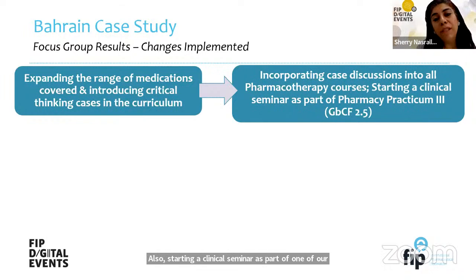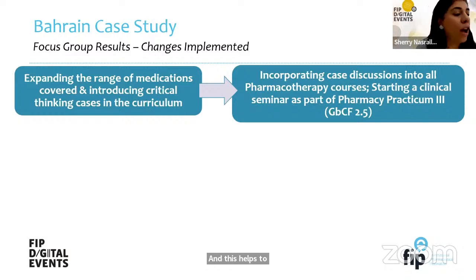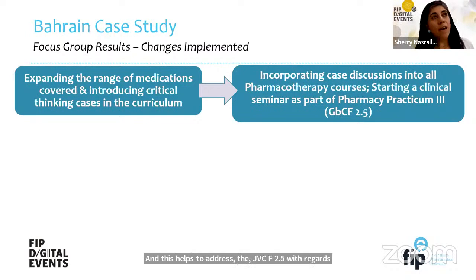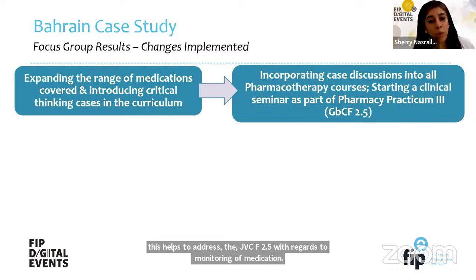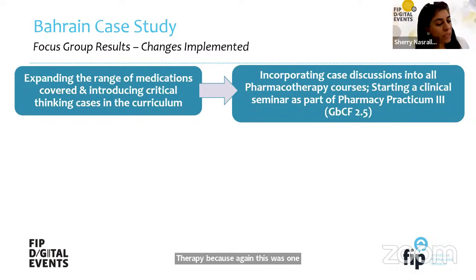This helps to address the GbCF 2.5 with regards to monitoring of medication therapy, because again, this was one of the areas where we had lower preparedness. So incorporating the case studies and the clinical seminar helped to address it.